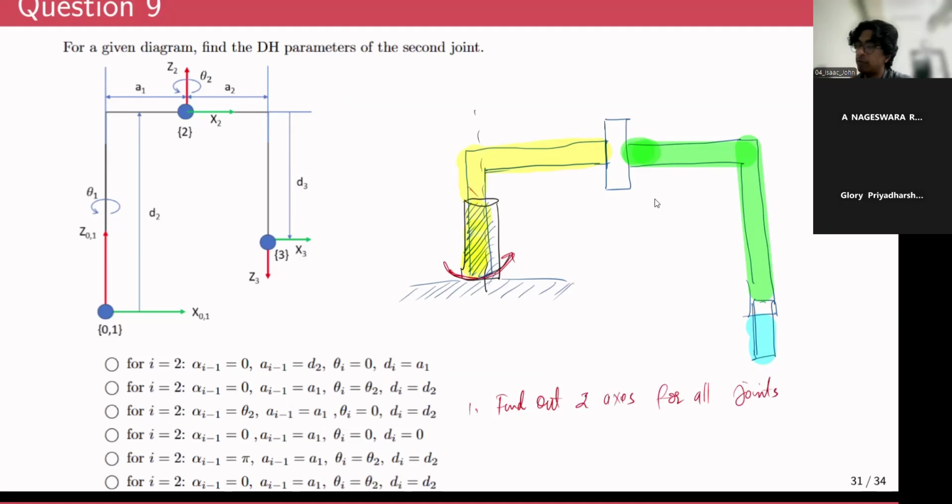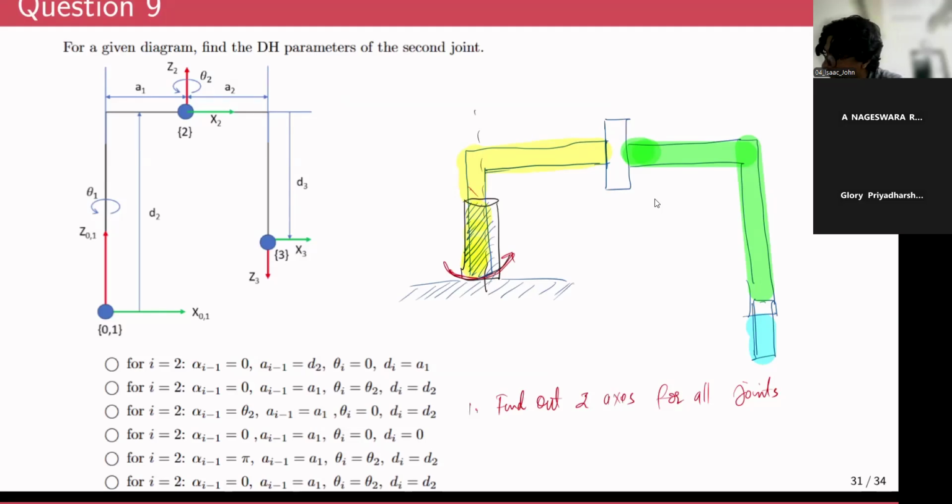As per the DH convention, the z-axis of all the joints should lie along the axis of the joint. In this robot, all the joints are vertically pointing upward, right? So the z-axis should also be along the vertical. According to this depiction, you have a robot with 3 joints.